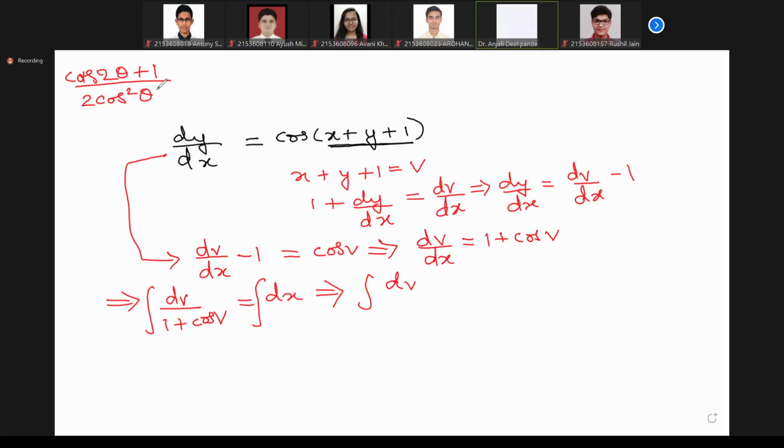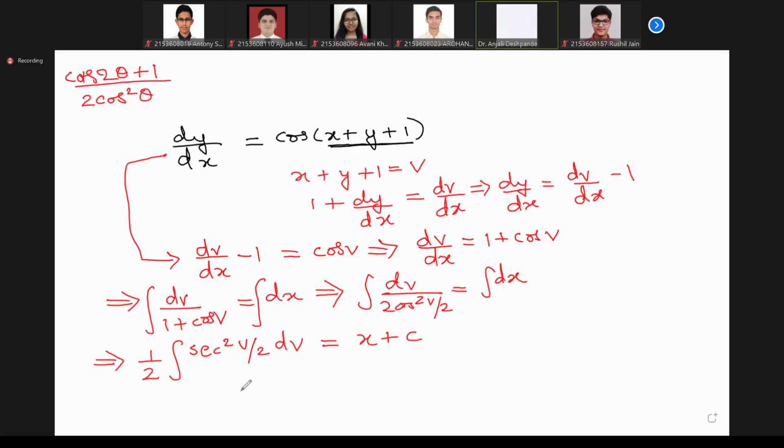So using that same thing, this will be 2 cos square v by 2 is equal to dx. Now this is 1 upon cos square. So I will prefer to write this as 1/2 integration secant square v by 2 dv is equal to, this side will become x plus c.